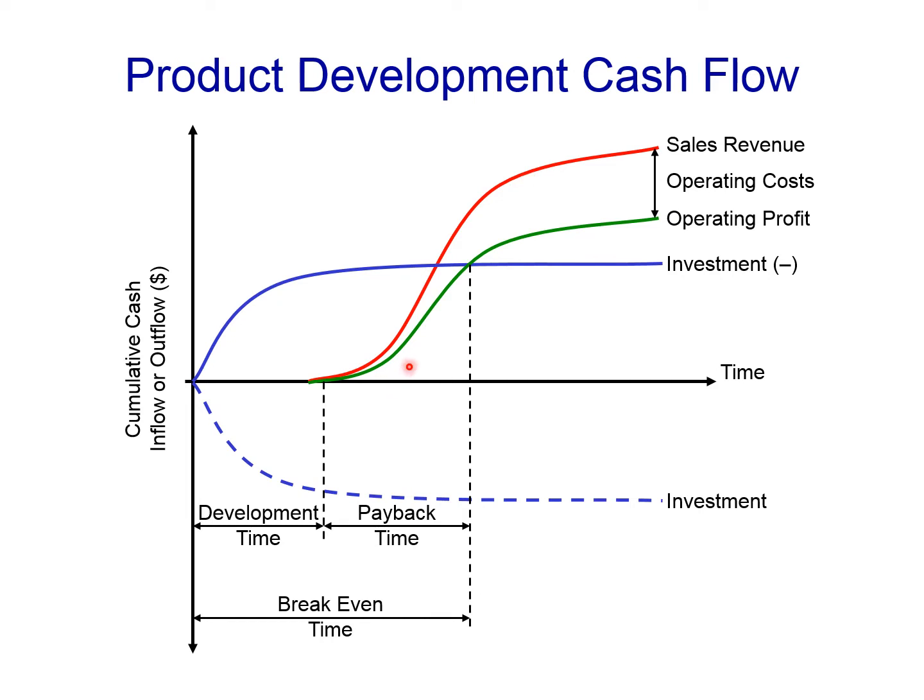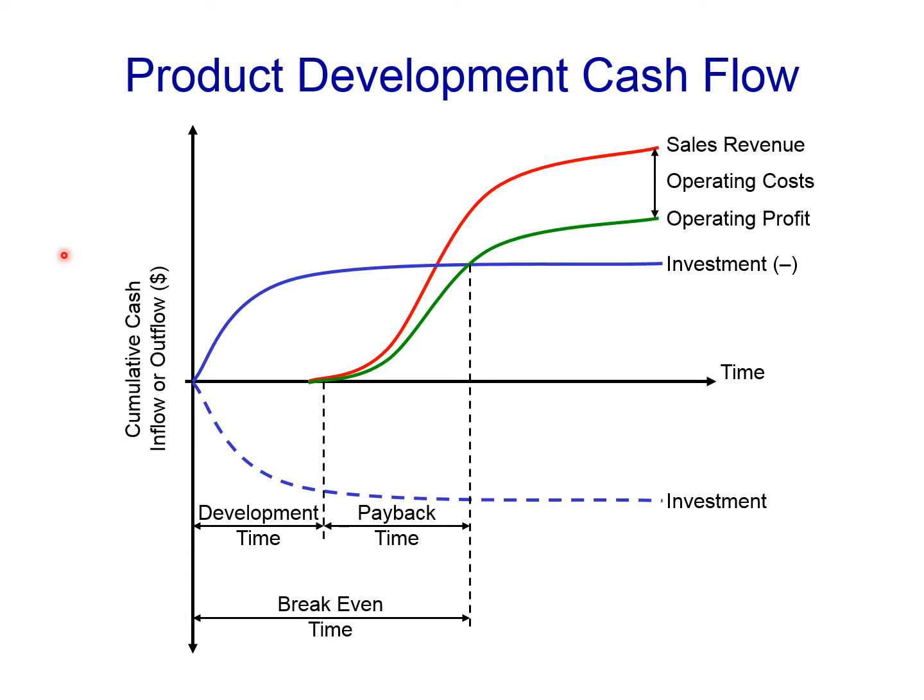The green curve is when we take our sales revenues and subtract out the cost. So sales revenues minus operating cost give us the operating profit, which is the green curve. Those ongoing costs include production cost, marketing cost, and whatever cost you incur during operation. And what we have left is operating profit or net revenue.